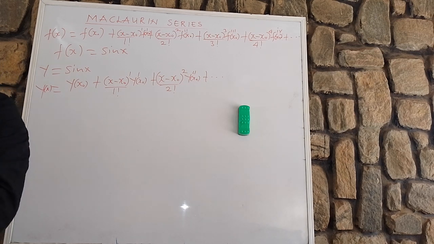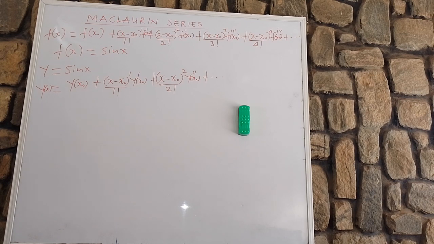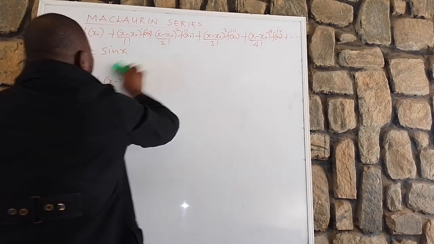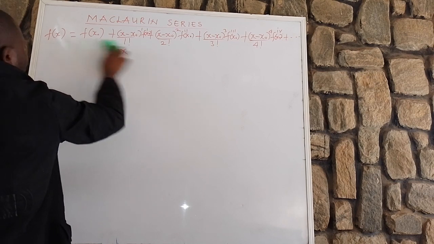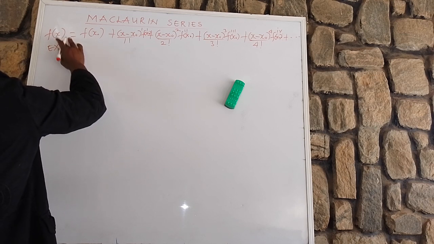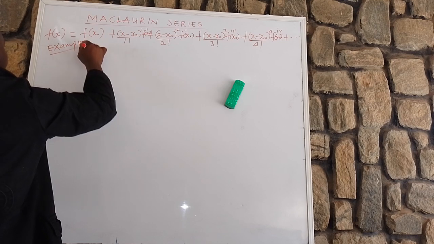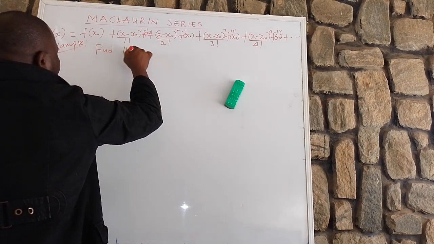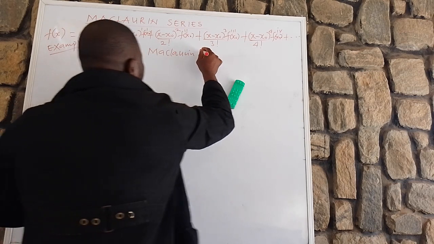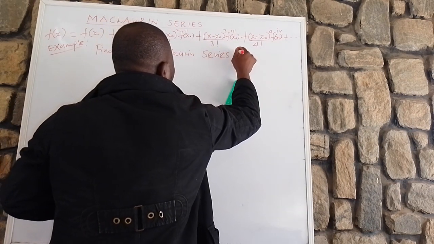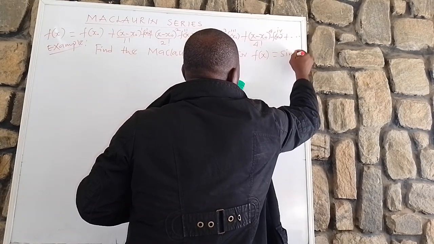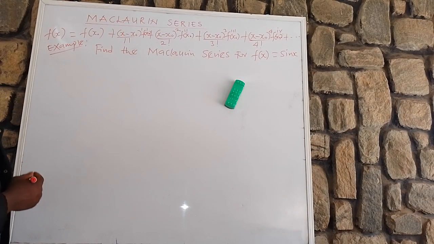The problem says, example: find the Maclaurin series for f of x equals sine x. It's simple as ABC.